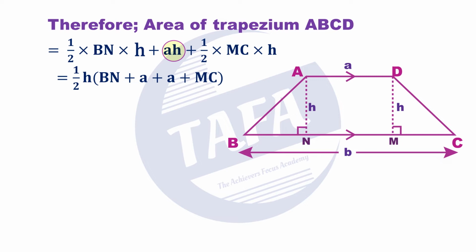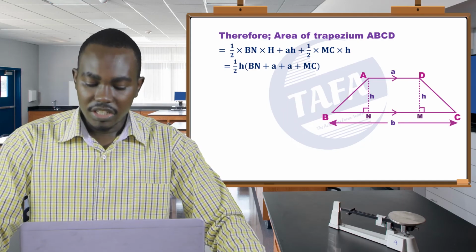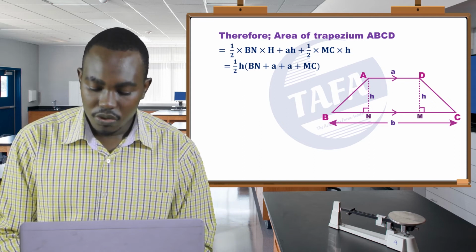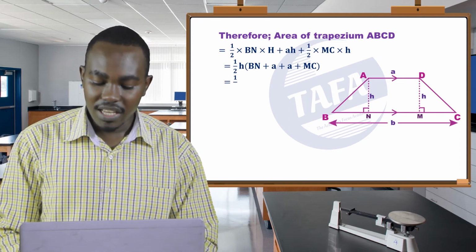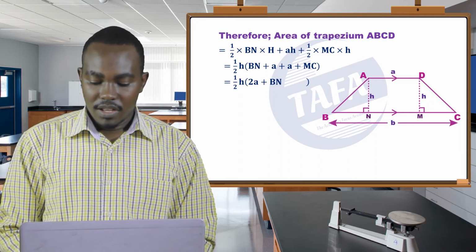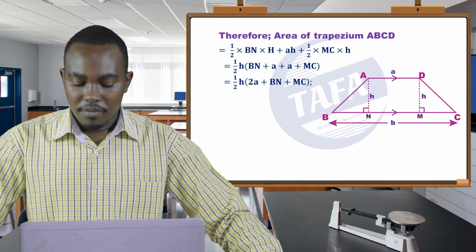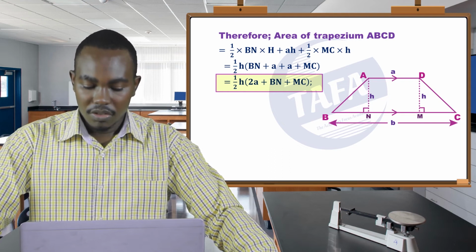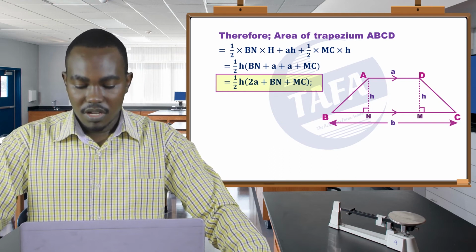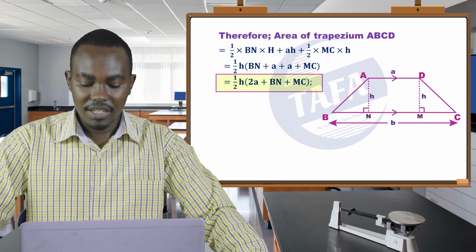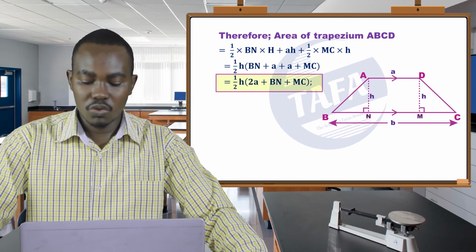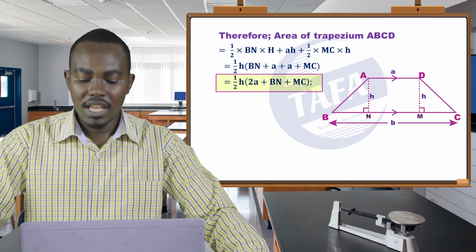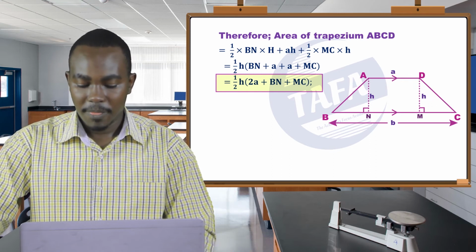So since we factored out a half H, and H is now common, we need to put 2A. So we have A plus A, which is 2A, then plus MC. So a half H, rearranging what is in the brackets, we have a half H into brackets 2A plus BN plus MC.